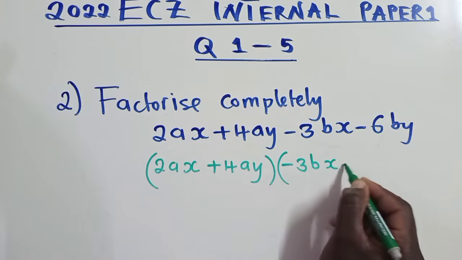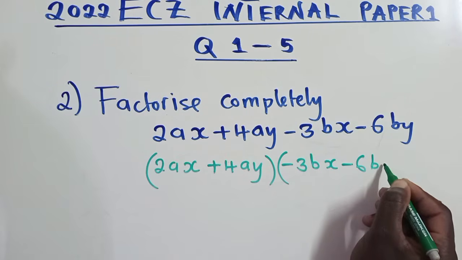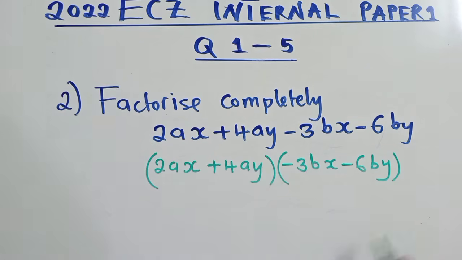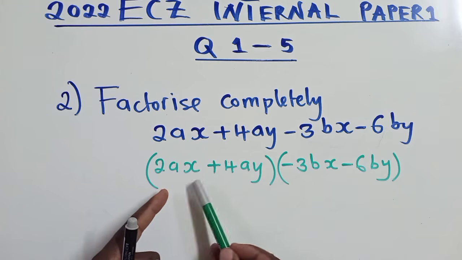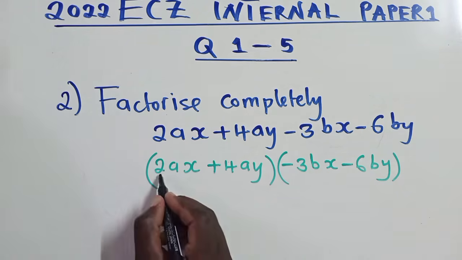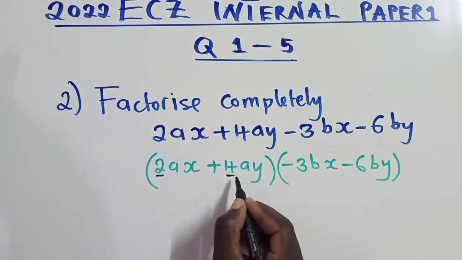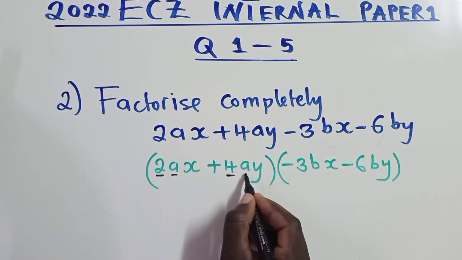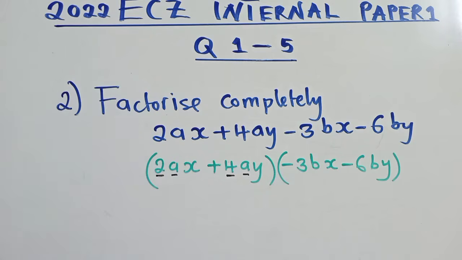So this is how it will look like. We group them, okay? So after grouping, we check inside here, what is it that is common? Of course, you can see that a 2 is right here and it can go into a 4. a is common and a is common. So now, those things will be outside.